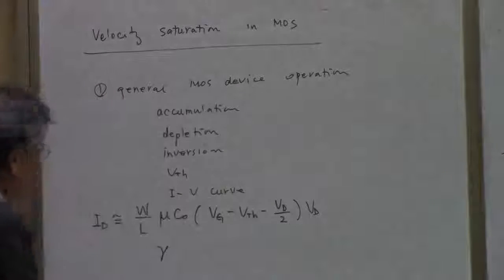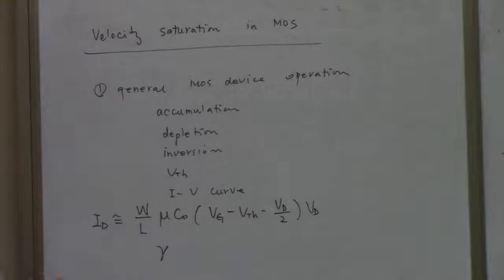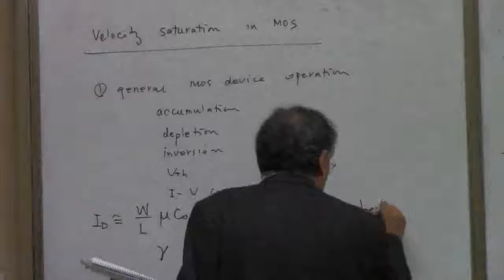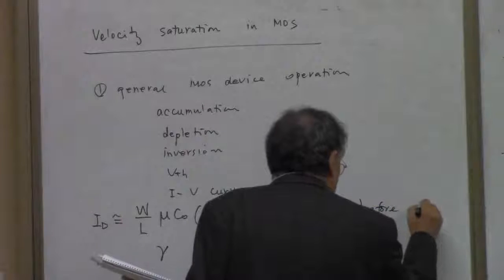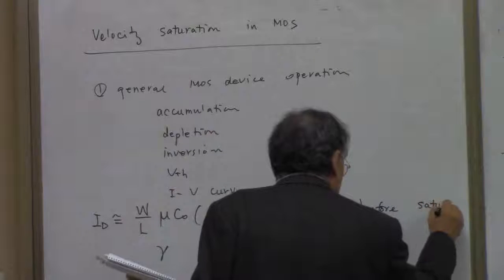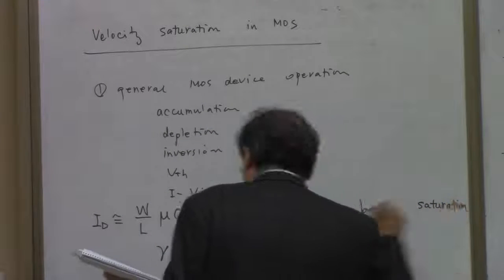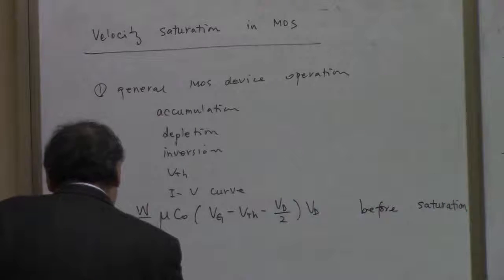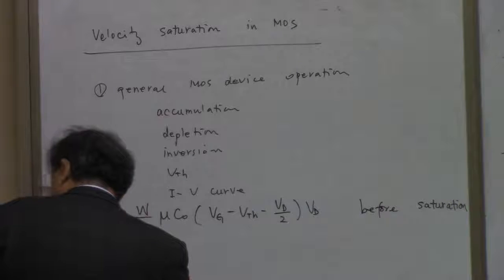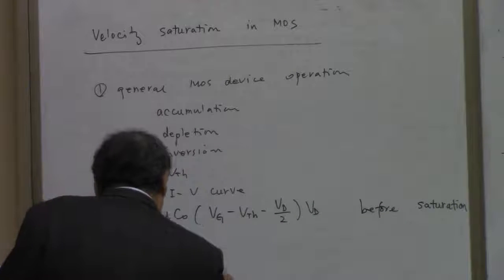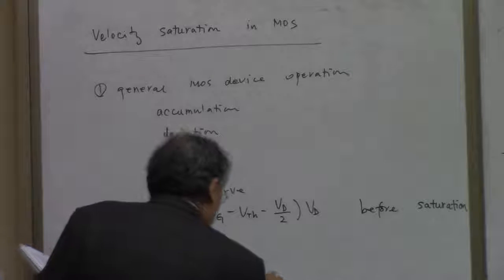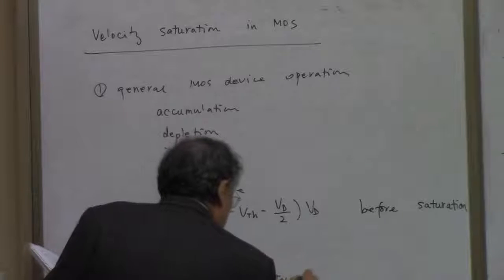And that is the source and drain current before saturation, right? And ID becomes this gamma times (Vg minus Vth) squared after saturation.